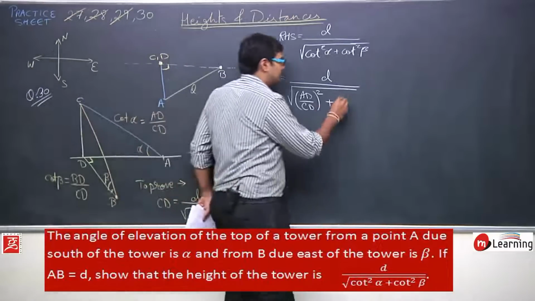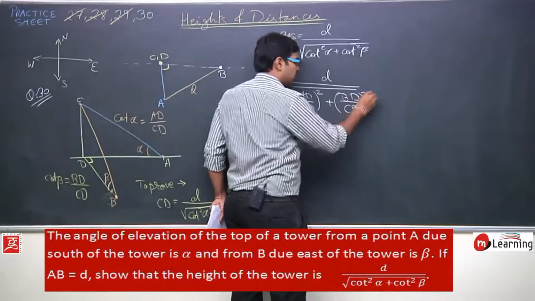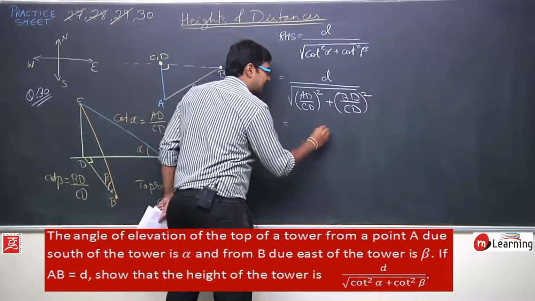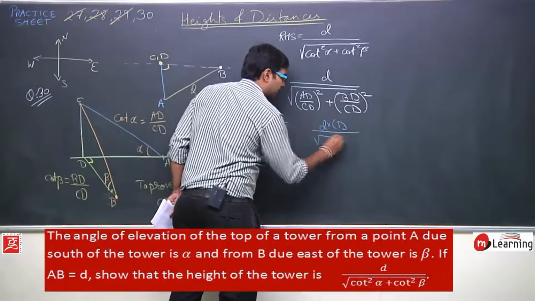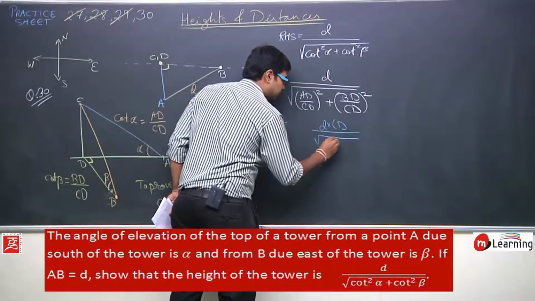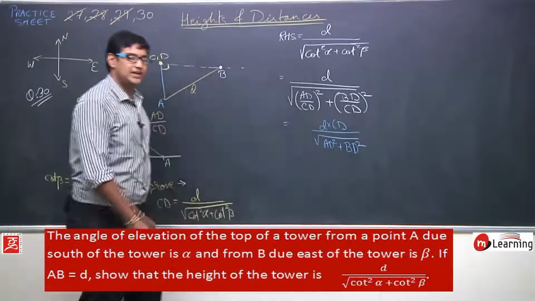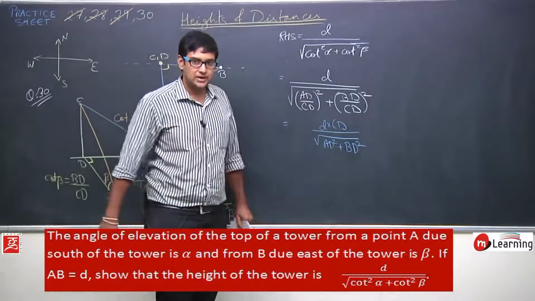Okay. So when you solve this, you will get D times CD upon square root of AD square plus BD square.